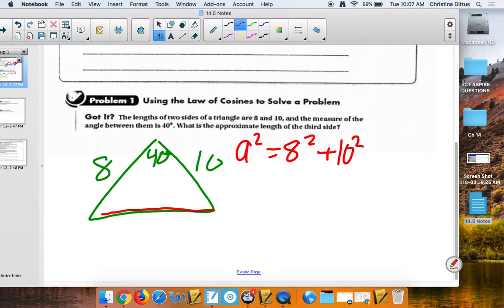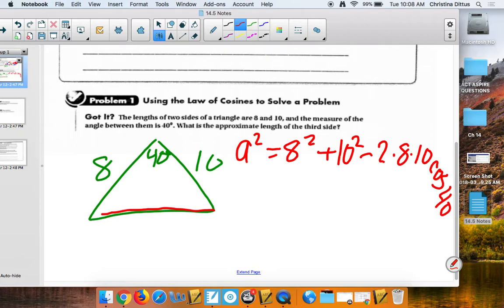Second part says subtract 2 times those same sides, 8 and 10. Remember, in our formulas, the lowercase letters represent sides, capital letters represent angles. Still attached to this is the cosine of our angle, which is 40. Okay, literally all we did is plug stuff in.